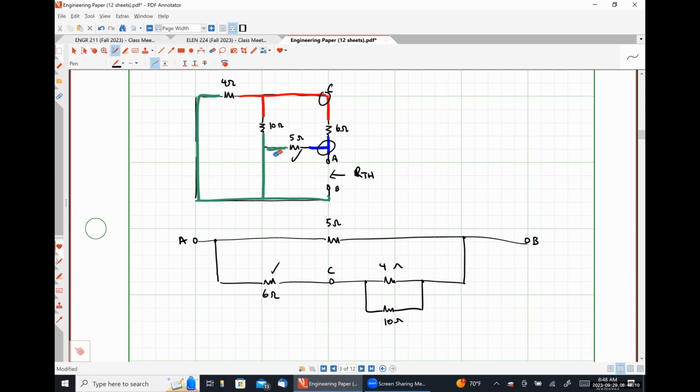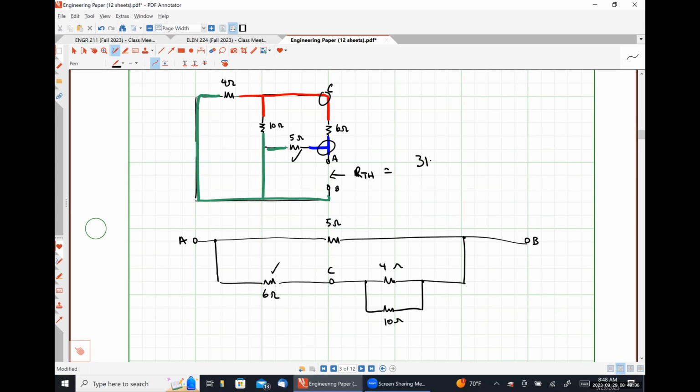So let's see, 4 in parallel with 10 is 40 over 14. Plus 6. And then that is going to be times 5 divided by answer plus 5.